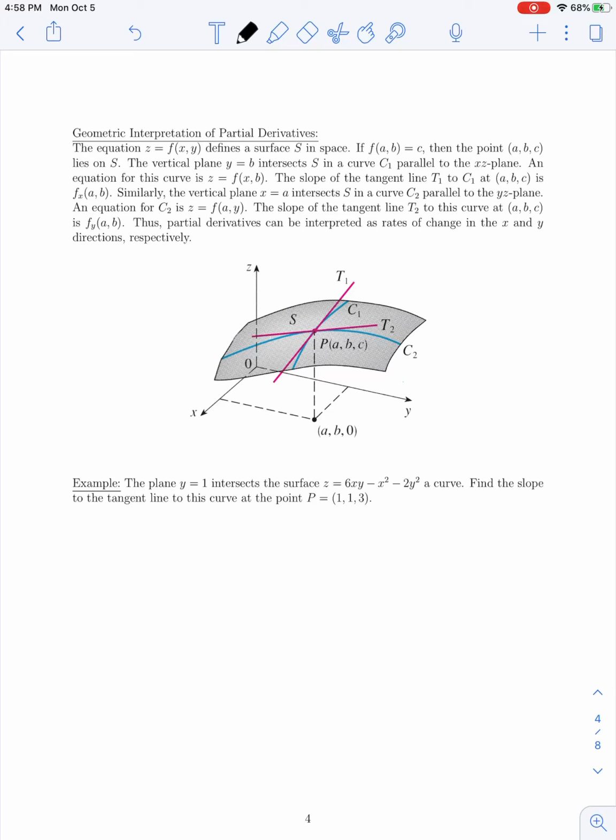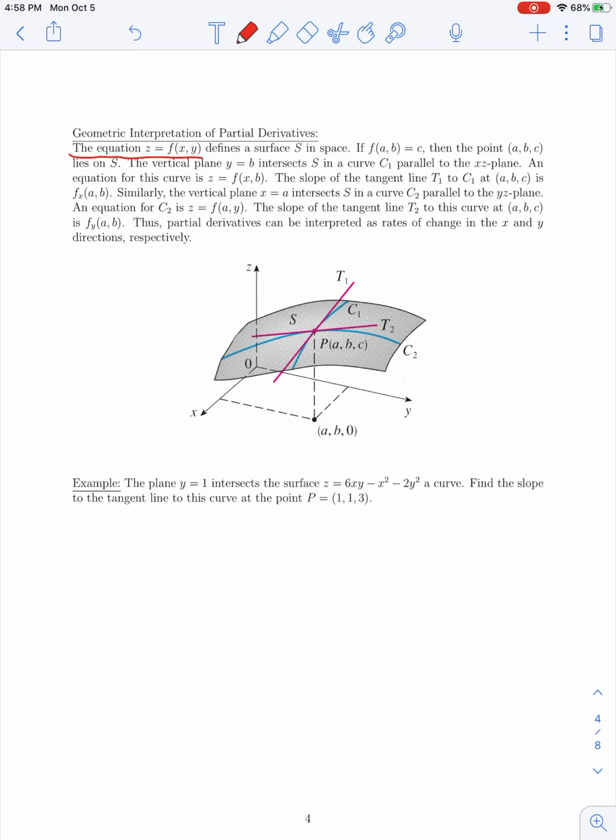Now we know that the derivative of a single variable function represents the slope of a tangent line to the graph of that function at a particular point on that graph. So let us consider a function of two variables. Suppose we have a function of the form z, which depends on two variables x and y, and the rule for this function is given by f of x, y.